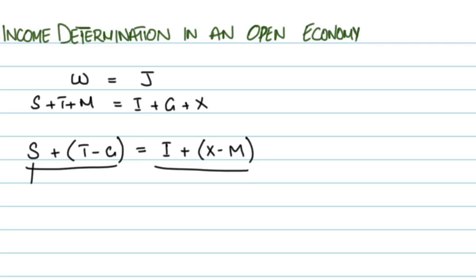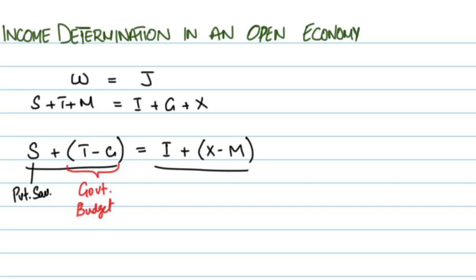This over here are private savings, right? And this T minus G, net taxes minus government expenditure, is basically the government budget, right?